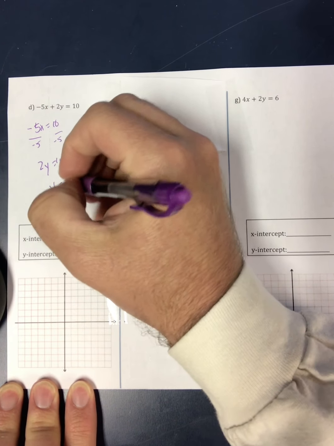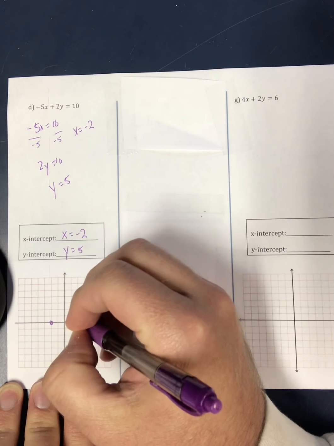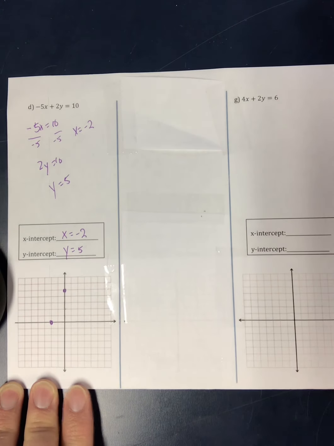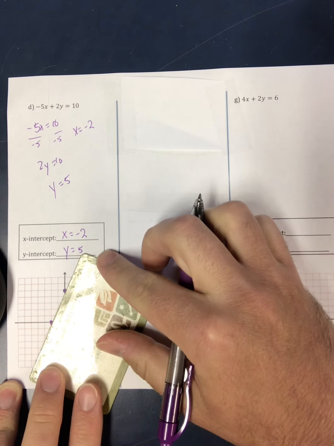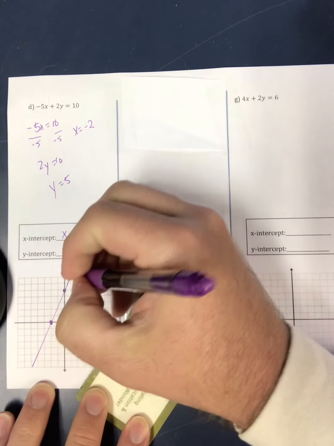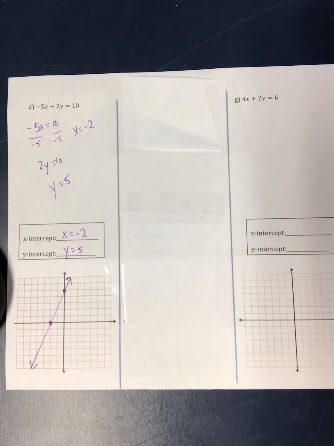So y is equal to 5 for the y. We have -2, and 1, 2, 3, 4, 5 for the y. And we end up with that line.